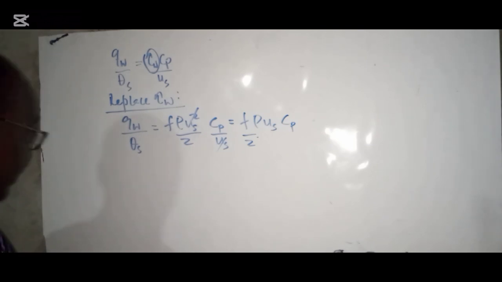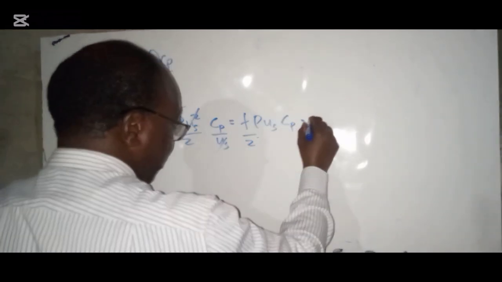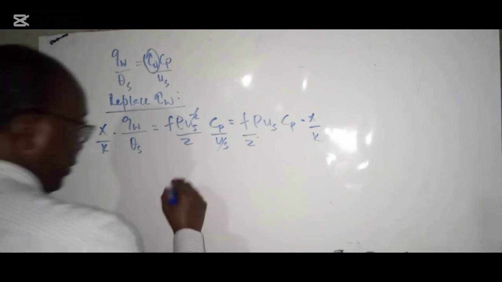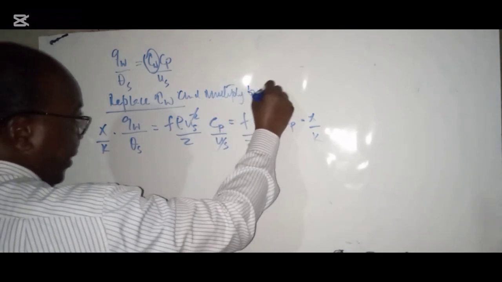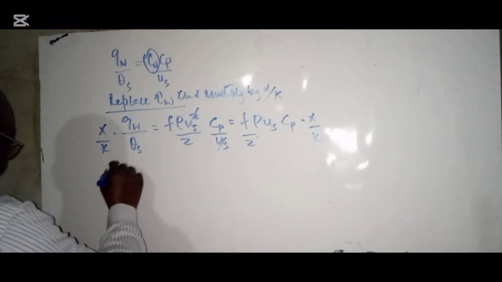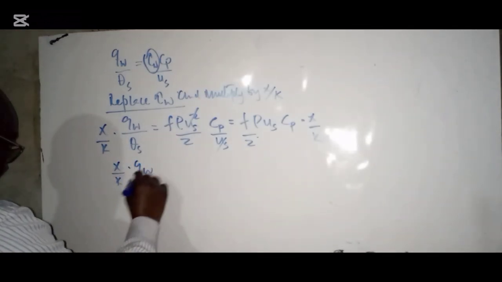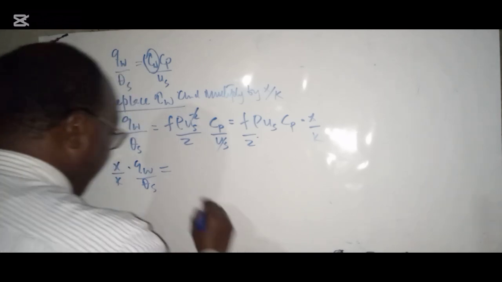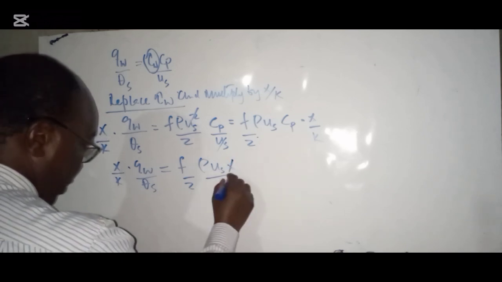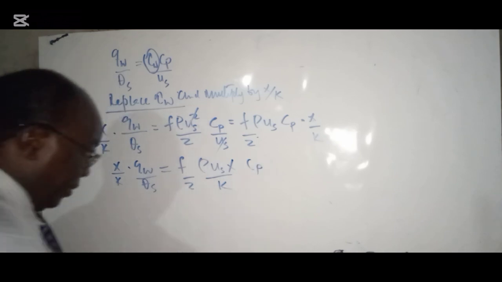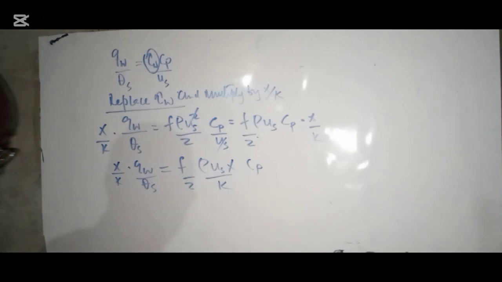So if we multiply both sides by the dimension length, x over K, which are terms you're familiar with, dimensions and thermal conductivity, we have x over K, q omega over theta S will be F rho U S over 2, x over K, Cp.